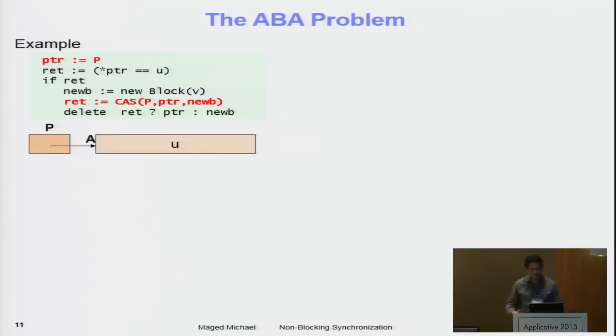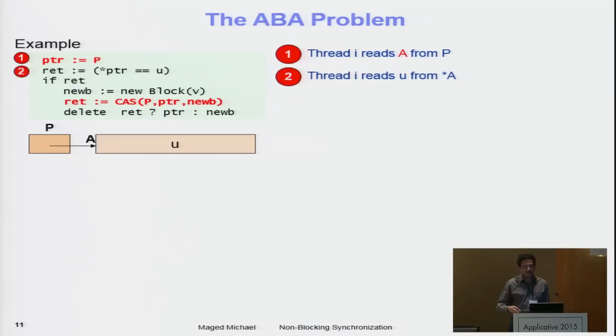In this case, the code in red is what's problematic. So let's look at an example here. You have thread I reading the value A from pointer P. Then thread I reads the value U by looking at block A, by dereferencing the pointer. And now it says, okay, that's good. This is the expected value. So the next step will be to allocate a new block and try to do compare and swap to switch the blocks.